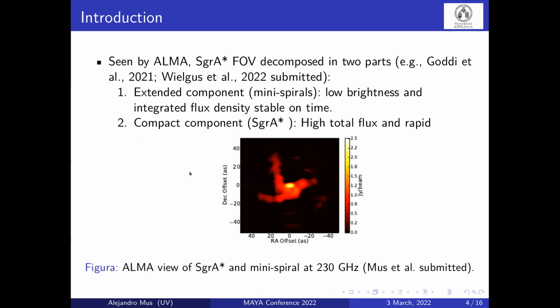Well, first, let's talk about the source. Seen by ALMA, the Galactic Center can be decomposed in two parts: an extended part called the mini-spiral, where you can find a lot of molecular clouds, super interesting things, and that is where we want to find transients. And a compact source, a supermassive black hole, which is the center of our galaxy, called Sagittarius A*. This is a supermassive black hole, but not that massive in comparison with, for example, M87.